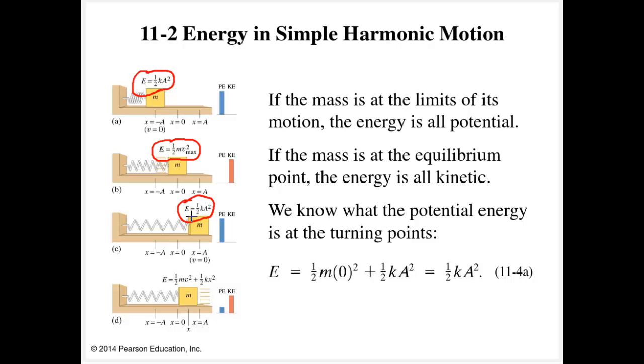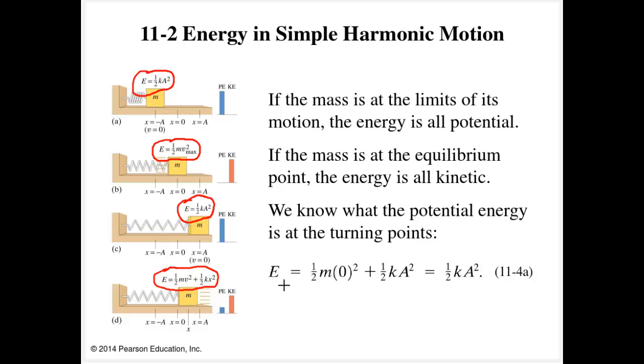It's not moving. Its velocity is going from positive to negative, so the velocity is 0. And at some middle point, the energy is going to be the sum of those two, but the energy will always be a constant value.